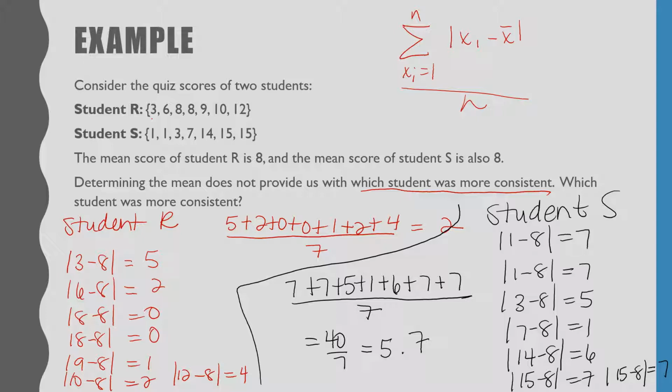Whereas for student S, I get 5.7. So student S has a much larger variation in the data. On average, each point is 5.7 units away from the mean. So student R is more consistent because student R's mean absolute deviation is smaller.